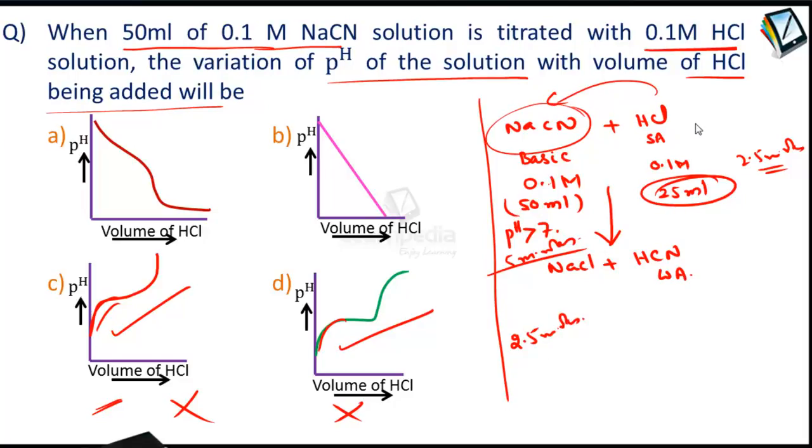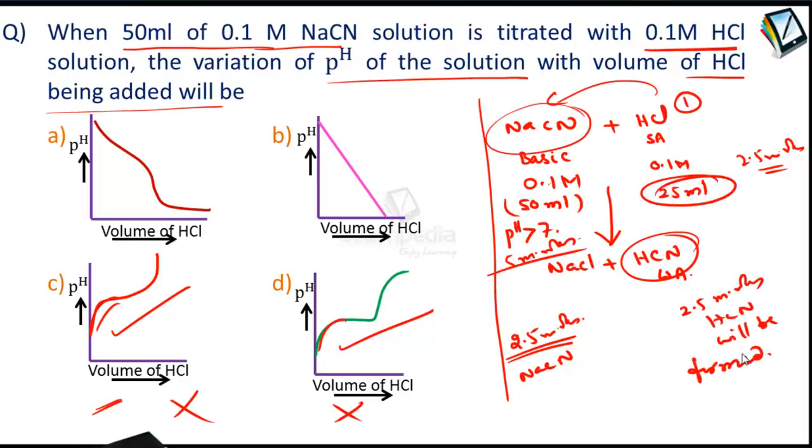From the stoichiometry of the reaction, we see that for every 1 millimole of HCl added, 1 millimole of NaCN will react to give 1 millimole of weak acid. So when 2.5 millimoles are added, 2.5 millimoles will react, 2.5 millimoles of the salt NaCN will be left over by that time, and as a result of the reaction 2.5 millimoles of HCN will be formed.